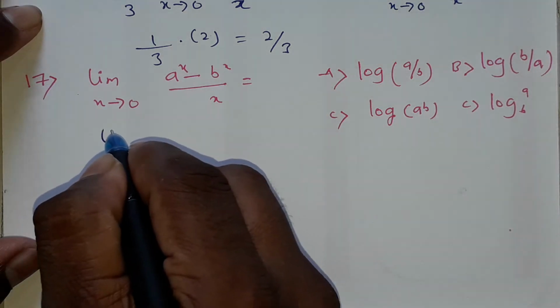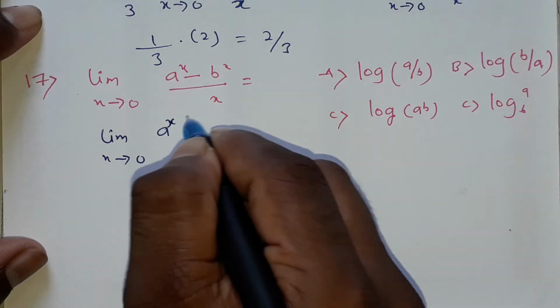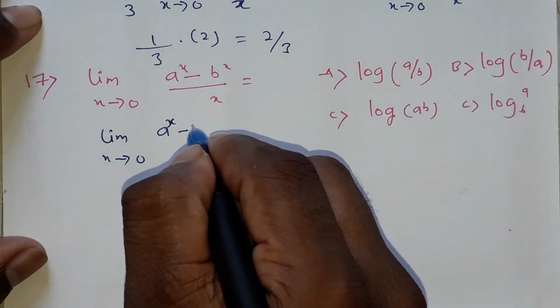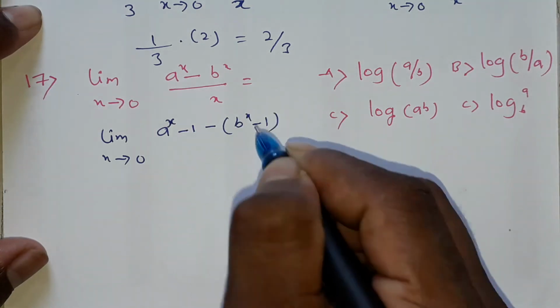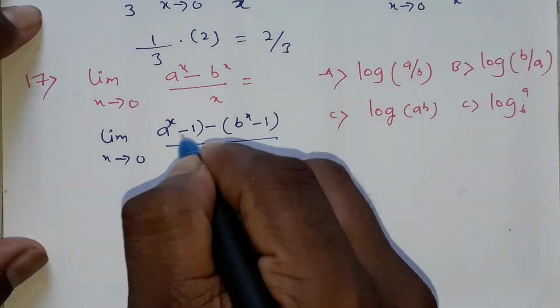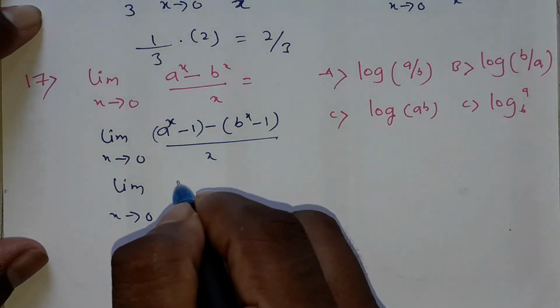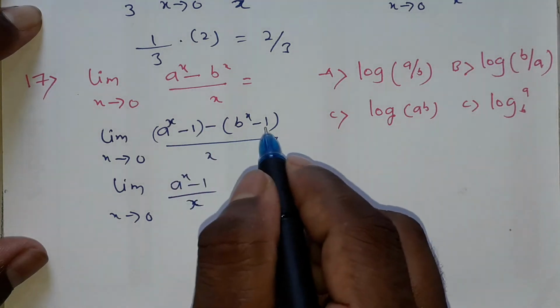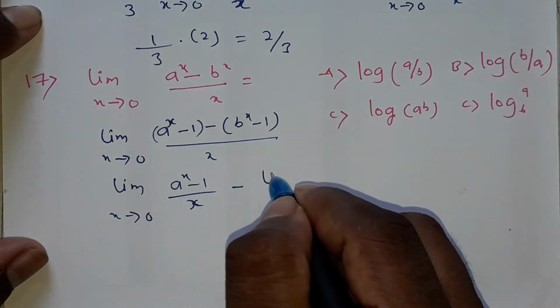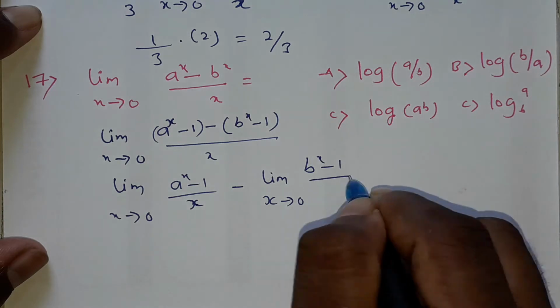Here limit x tends to 0, we add and subtract 1: (a^x − 1)/x minus limit x tends to 0 (b^x − 1)/x.